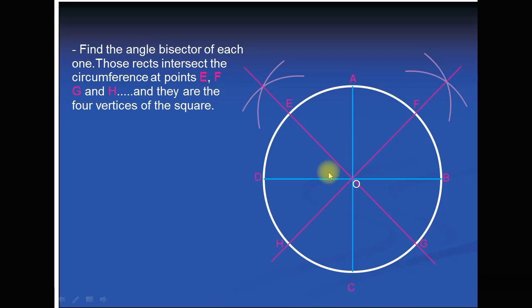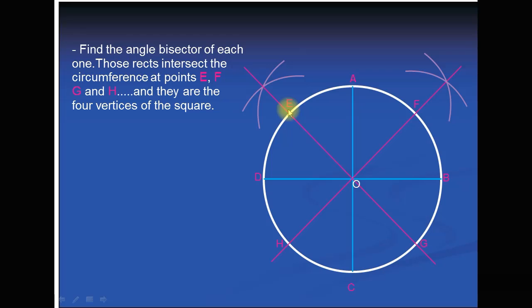Angle bisector means half of this angle, 45 degrees of this 90 degree angle. So this line is the bisector which bisects the 90 degree angle into 45 and 45.